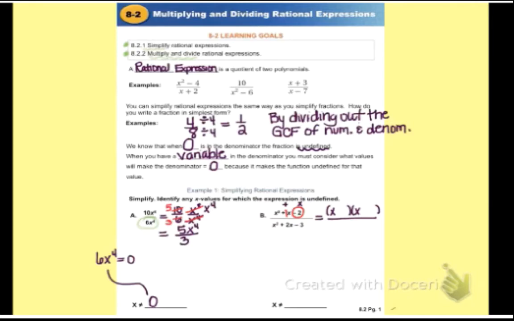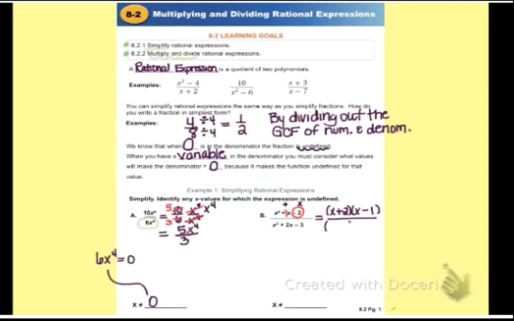One has to be positive, one has to be negative, and the only factors I can think of for 2, because it's prime, are 2 and 1. So I have to figure out which one has to be positive, and it'll have to be the 2 that's positive and the 1 that's negative. Then that way 2 times negative 1 is negative 2, and 2 plus negative 1 is positive 1. So that works.